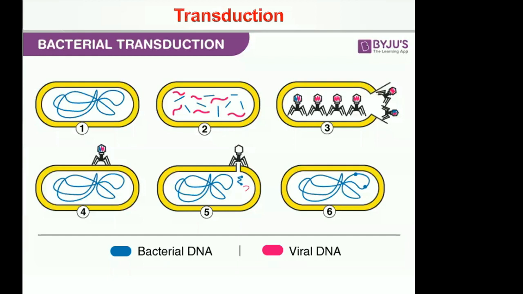That virus forms its genetic material inside the bacterial cell. In step 2, you can see the genetic material get fragmented between the pink lines and green lines. The pink lines belong to the viral DNA and the green lines belong to the bacterial DNA.